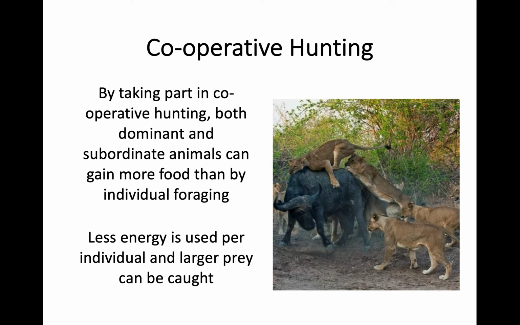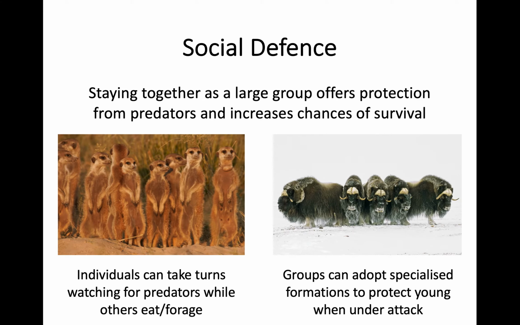The other thing is that less energy is used per individual because you're all working together, and you can also work together to bring down larger prey. So if you bring down larger prey, there's going to be more food for all of you, and also less energy being used per individual than if you all went off and did your own thing. So a range of advantages of hunting in groups.